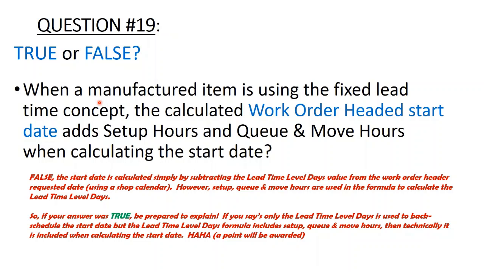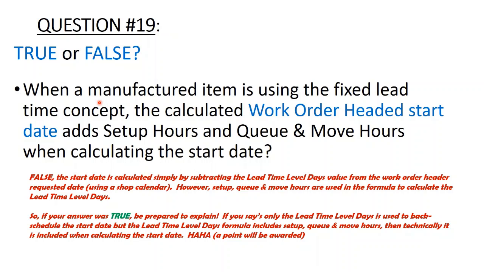So, if your answer was true, be prepared to explain. If you say only the lead time level days is used to backschedule the start date, but the lead time level days formula includes setup, queue, and move hours, then technically it is included when calculating the start date.